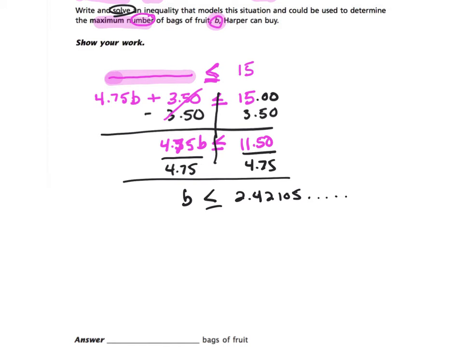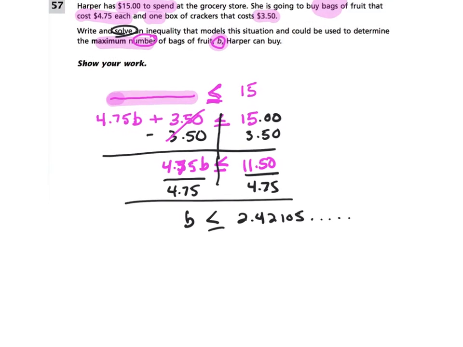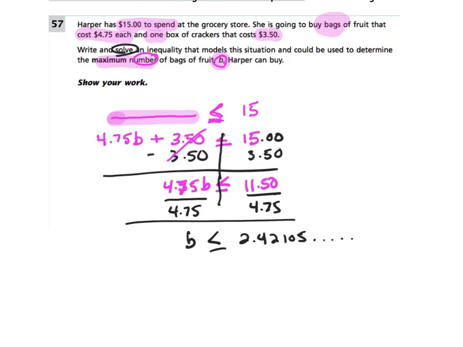So let's look back and see what we're asked to find. Well, they are asking us, b is talking about the maximum number of bags of fruit. So if I went to the store, I don't think I'd be able to buy 2.42105 continuing bags of fruit. So this would be a situation where we'd want to round. We have to assume that they're going to give us full bags of fruit and not have us buy partial bags of fruit.